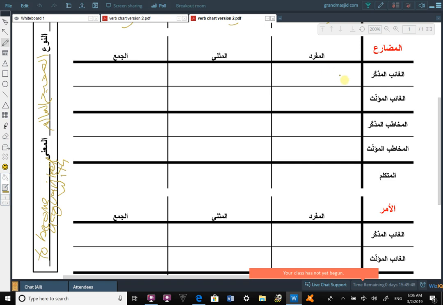So we have yata'arrafa or yata'arrafu. We add a dhamma for being marfu here. Nothing in front of it, so it is marfu. Yata'arrafu. You want to make it dual, we add the alif al-ithnain and the noon for being marfu. Yata'arrafani.